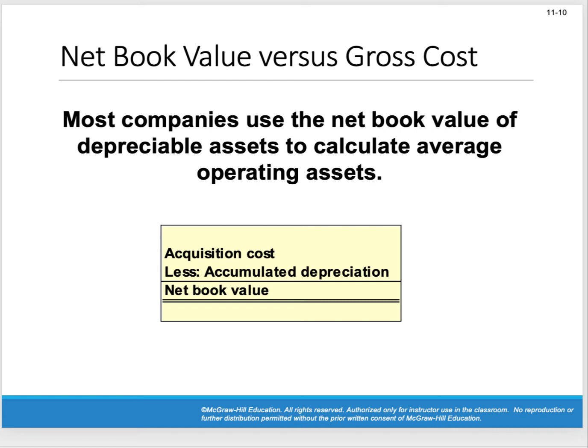They have to do this because that's what GAAP says. So we take the acquisition cost of the asset, meaning what did we pay for the asset, and we subtract out any accumulated depreciation. That gets us at our book value, okay?